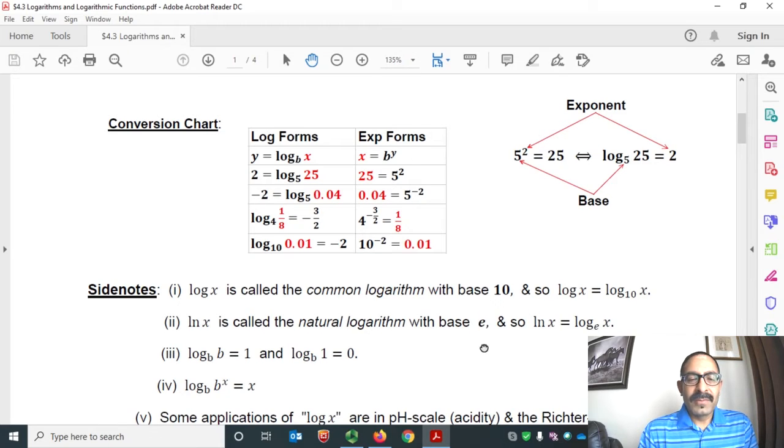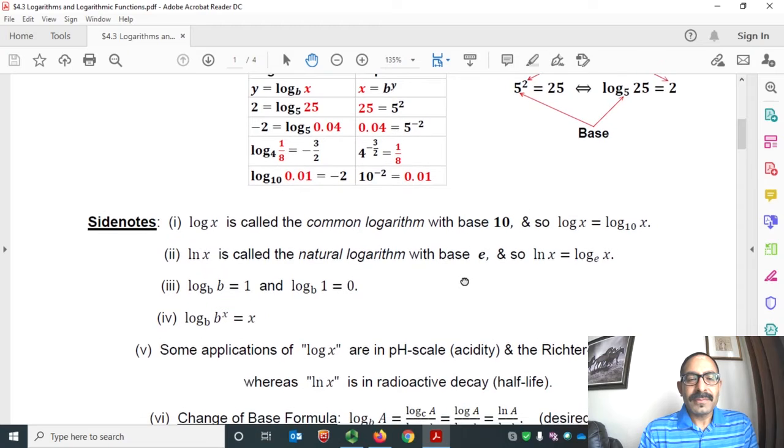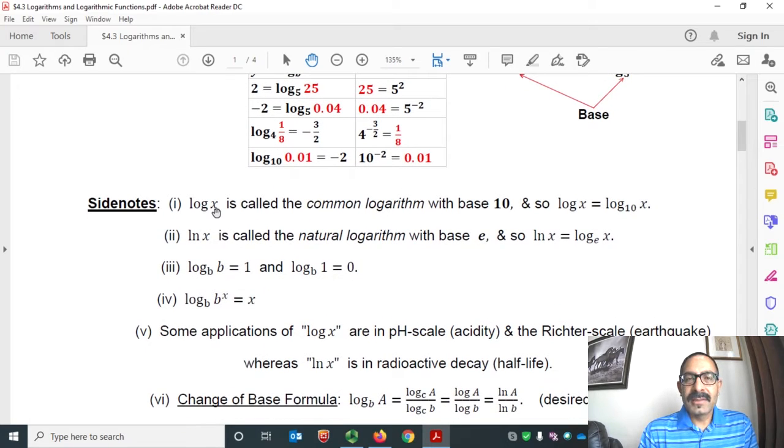Now let's move on. Quick side notes. Log x, here there is no base. This means this is a common logarithm with base 10. So log x equals log x with base 10. ln x is called the natural logarithm with base e.